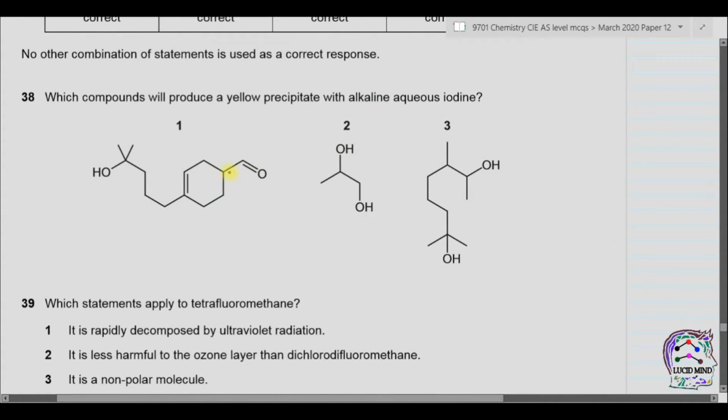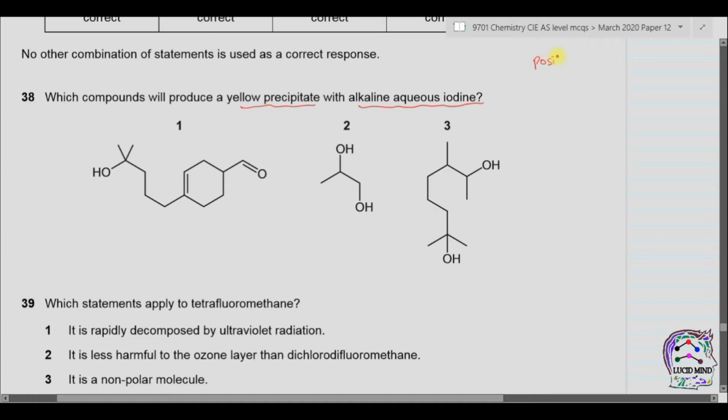Question number 38. Which compounds will produce a yellow precipitate with alkaline aqueous iodine? Now this is a factual question. You must remember that alkaline aqueous iodine gives yellow precipitate with three types of compounds.